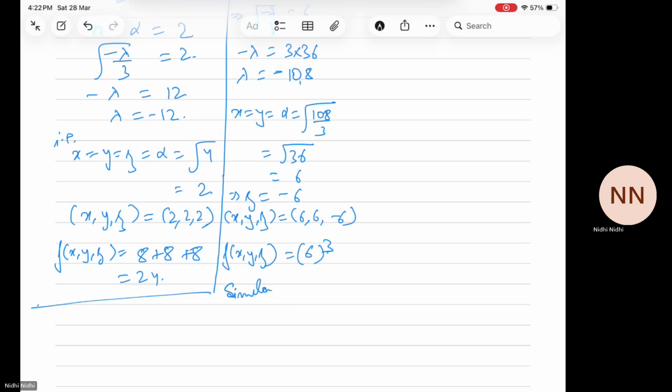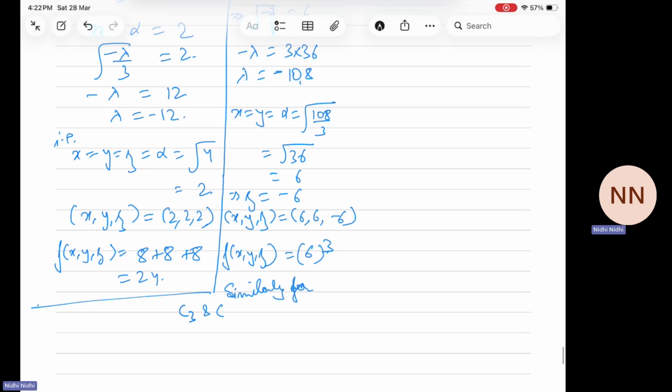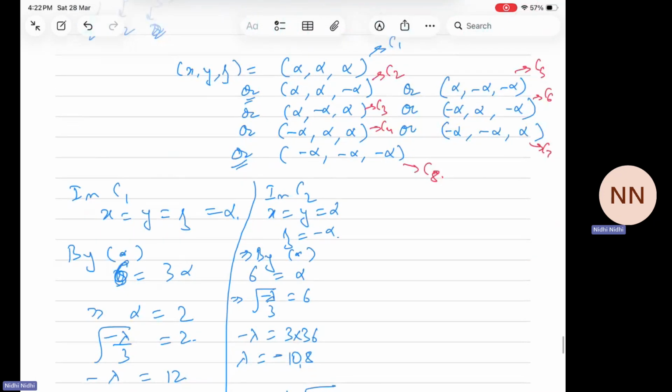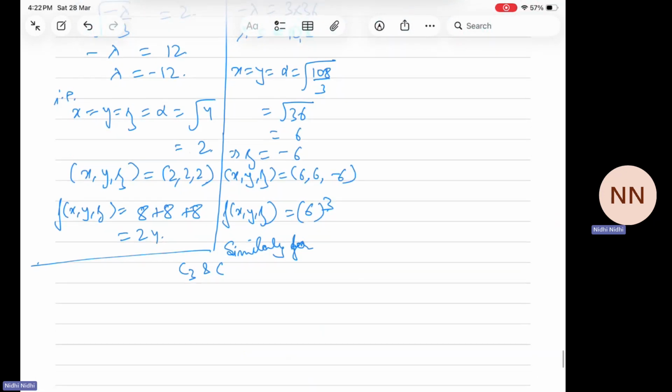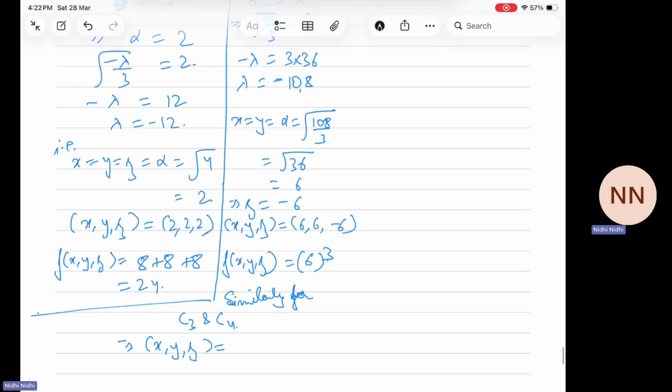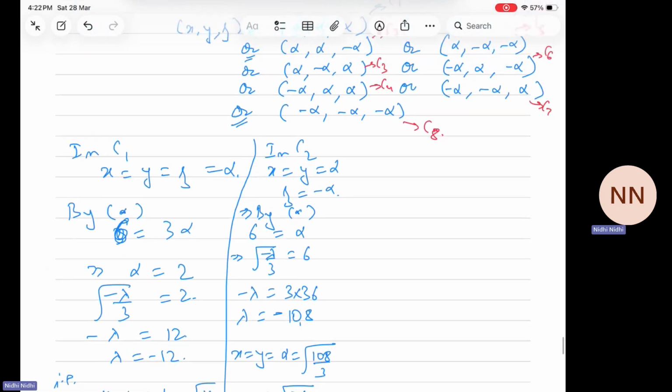Similarly, for C3 and C4, the cases where just one of them is negative, everything will be the same.